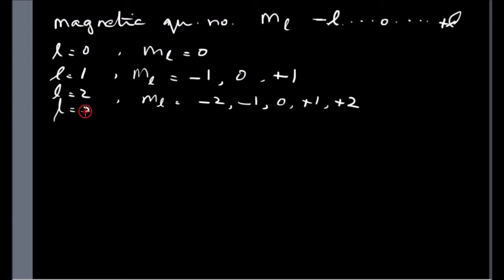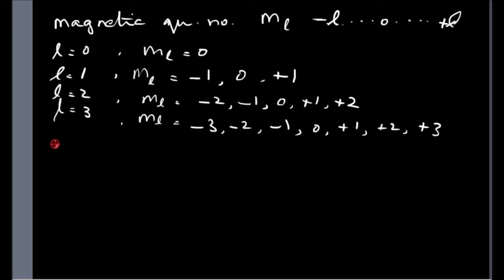For L is equal to 3, ml will have values minus 3, minus 2, minus 1, 0, plus 1, plus 2, plus 3. Now I can tell you that ml value gives you the number of orbitals in a subshell. You have a shell, which is given by the value of n, and you have a subshell which is given by the value of L, and ml gives you the number of orbitals in each subshell.